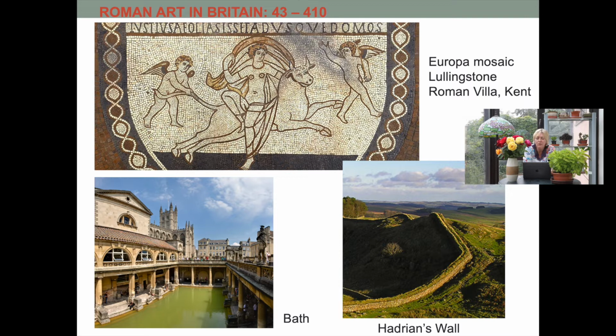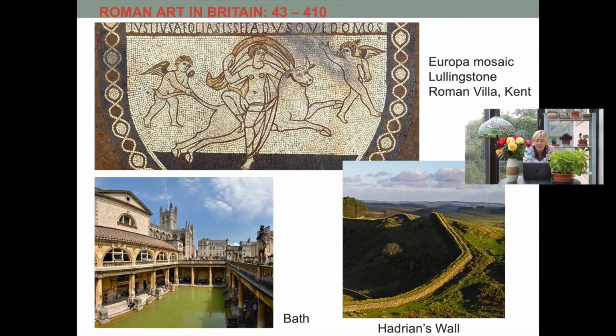So the art of Roman Britain is not really very different from the art of Roman France or the art of any Roman lands in the large Roman Empire. So here we have some examples, all coming from the British Isles. We have the illustrations of classical myths, which the Romans took from the Greeks, actually.